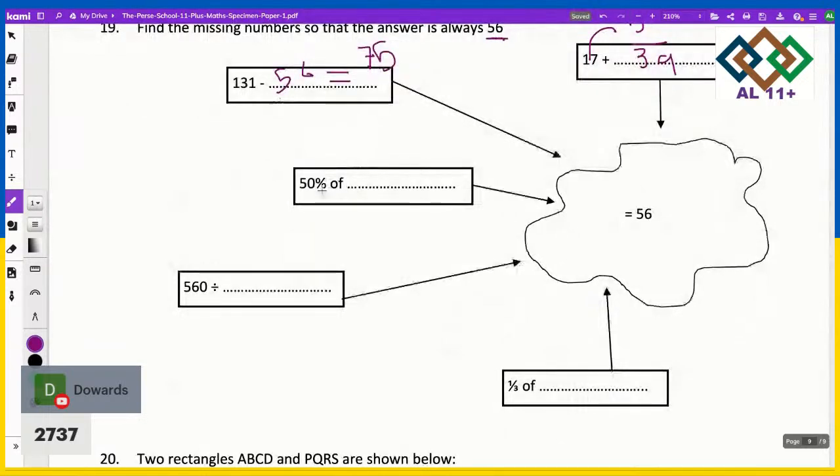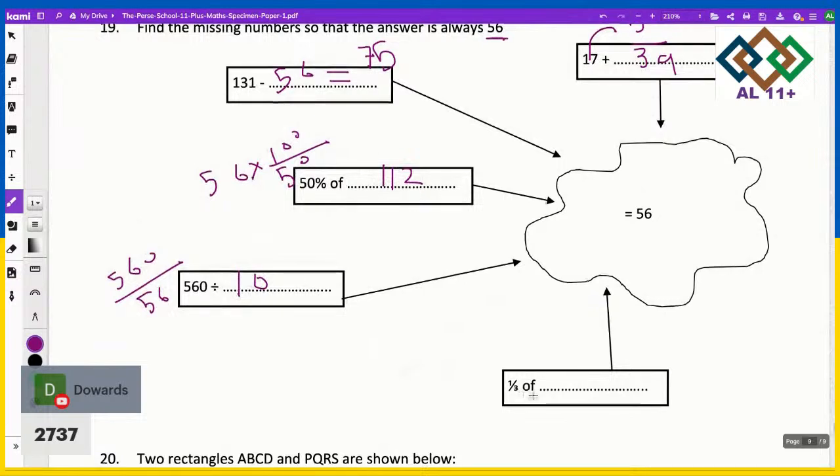So you would do 50%, that is 50 over 100. So we'll do 56 multiplied by 100 divided by 50. That is 112. And 560 divided by 56. That gives you guys 10.